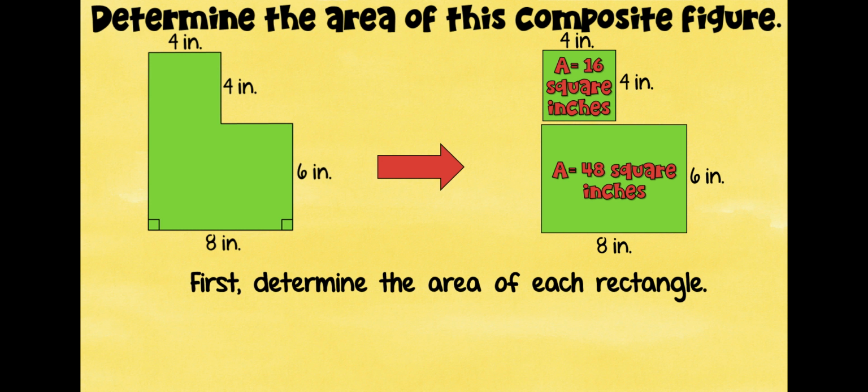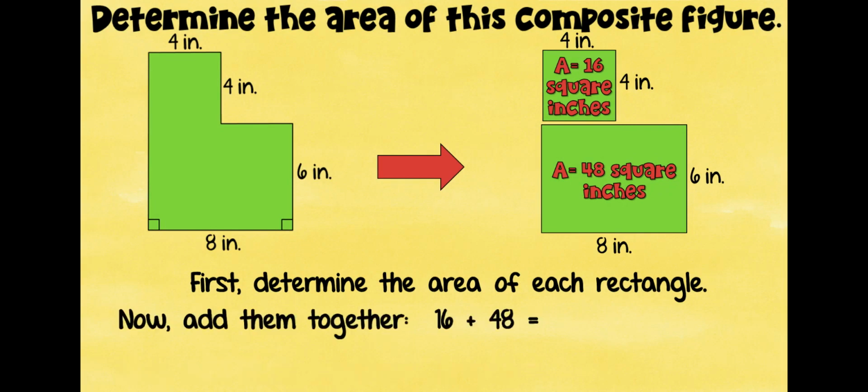When I put together 16 and 48, what do those add together to make for our final area? When you added those together, hopefully you found that your final area was 64 square inches.